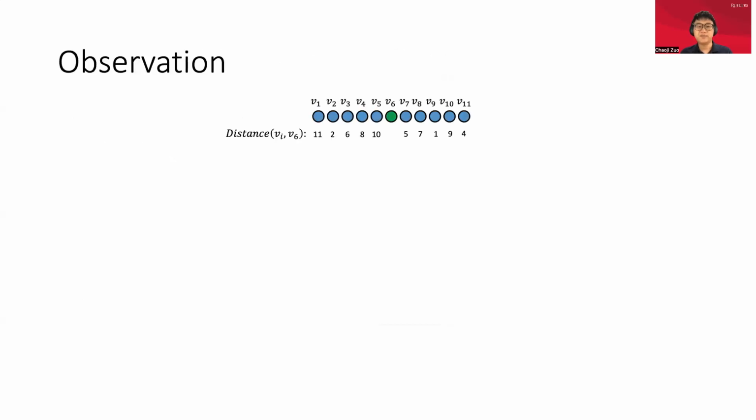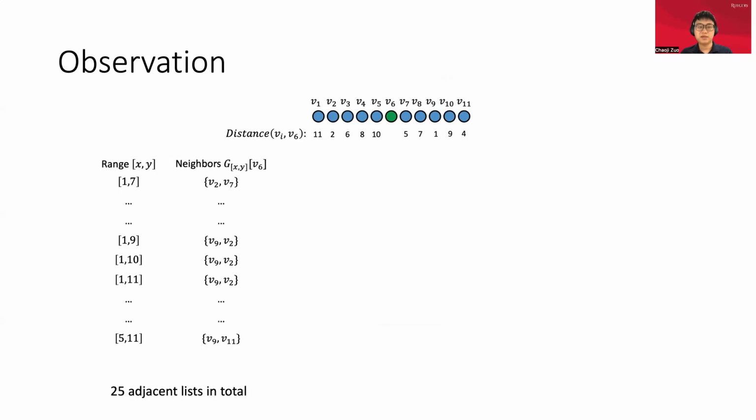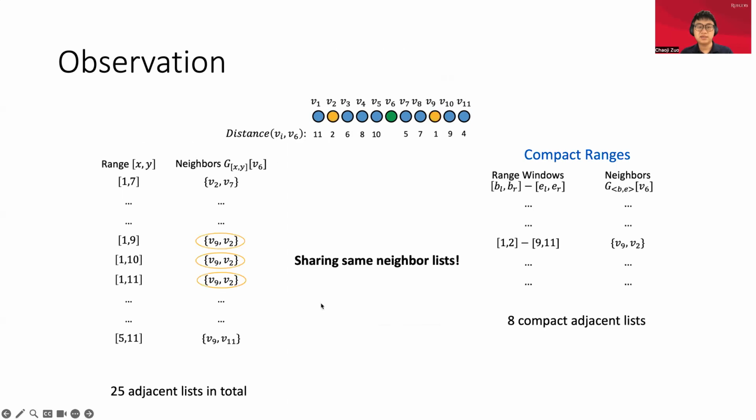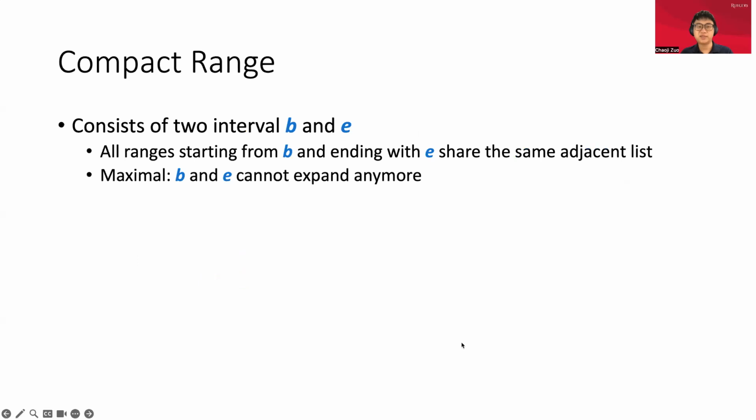Here we start from some observation. In the most naive method, we need to store all the neighbor information for every combination of the range. But actually here we can see these three ranges share the same neighbor list. So we can compact them together, and we call this the compact ranges. Here is the formalized definition of the compact ranges.